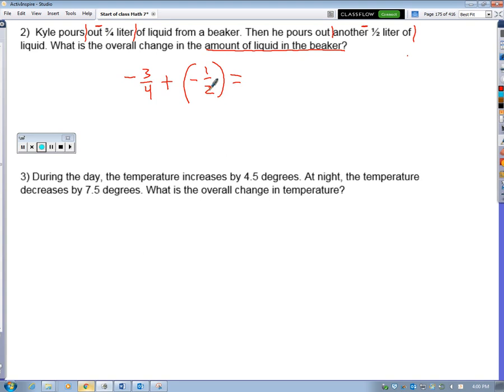Looking at this 2, I know that I can multiply the 2 by 2 and it'll make it a 4, which would make a common denominator. So I'm just going to take 1/2 times 2 times 2, and that's going to change it to 2/4. So I'll rewrite my problem. -3/4 plus, this time it's -2/4.